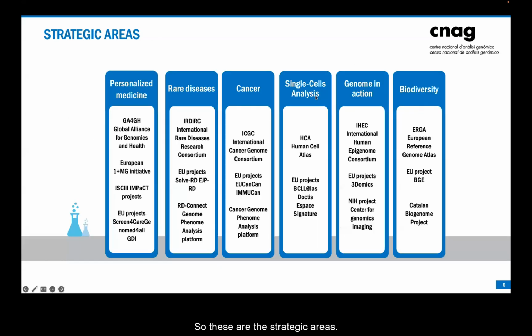These are the strategic areas. I will focus just on two of them that use HiC. Besides the rare diseases, cancer, single cell studies and personalized medicine, we have the genome in action area, mainly led by Marc Martí, that's 3D genomics.